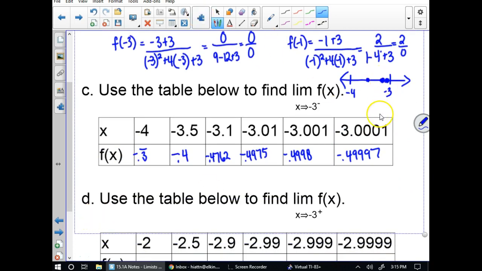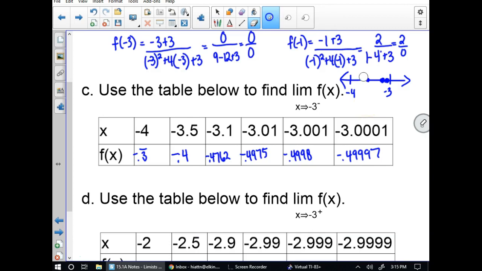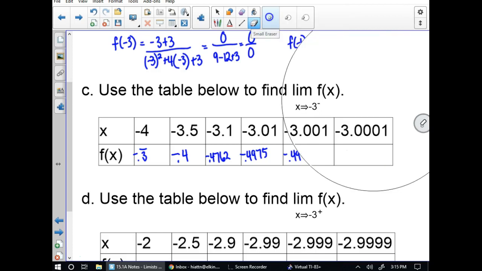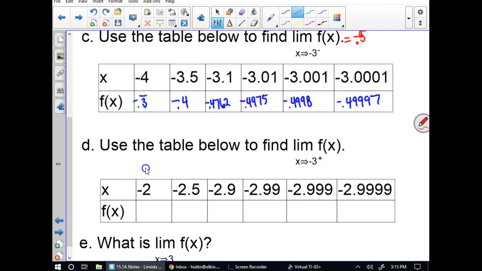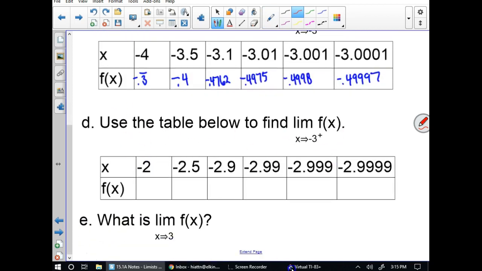So based on what we found here, this is no guarantee, but it definitely looks like this limit as f of x approaches -3 from the left is -0.5.